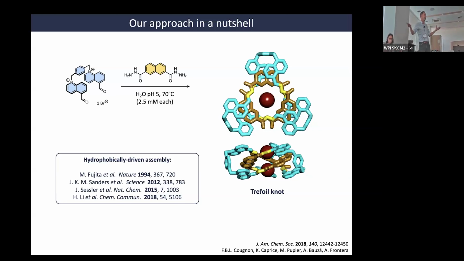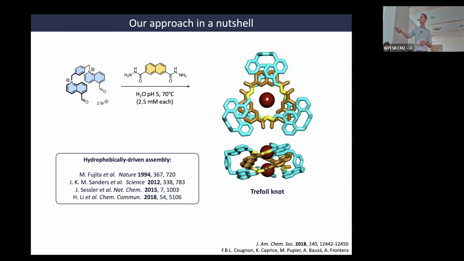We tried different halides, and the best one is the biggest one, iodide. The yield of the trefoil knot in this case is 70%. For the other halides, the yield is lower. It just depends on the size. As they get bigger, it fits a little bit more loosely in the cavity, and therefore the templating effect is a bit less pronounced. But you see how this synthesis is quite easy.